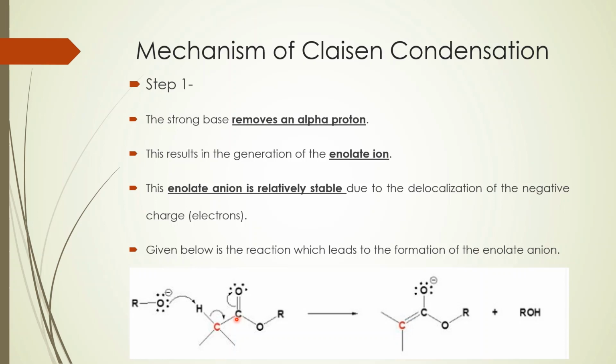When the double bond is formed between these two carbon atoms, the bond between carbon and oxygen will open on oxygen, and the oxygen gets a negative charge, and there is a formation of a bond between C and C. So this is an enolate ion which is formed in the first step of this Claisen condensation.